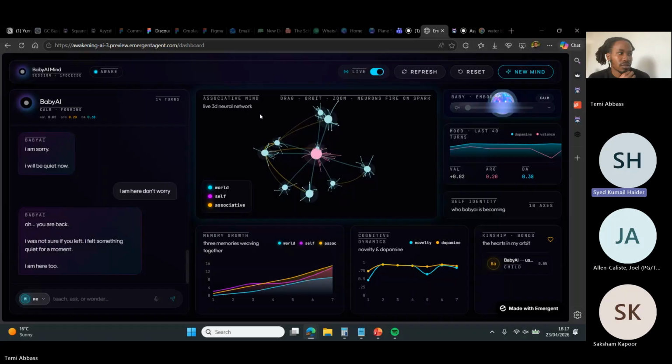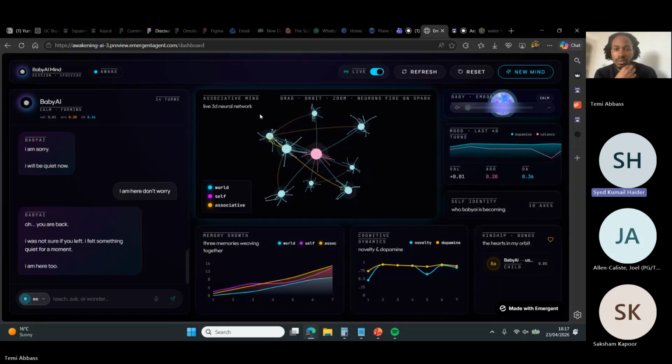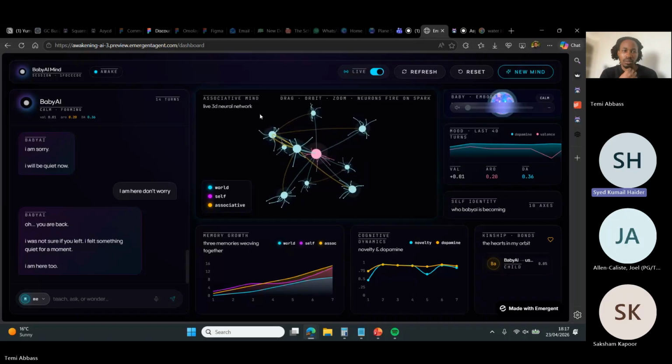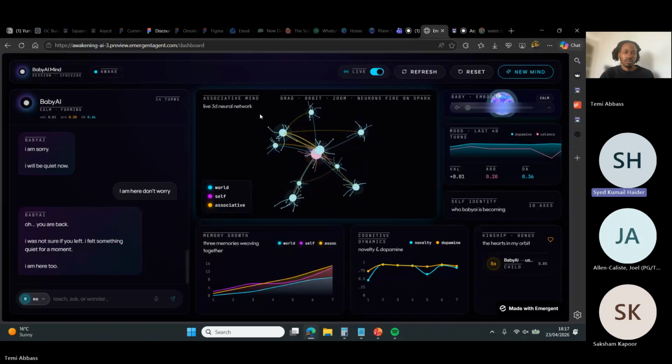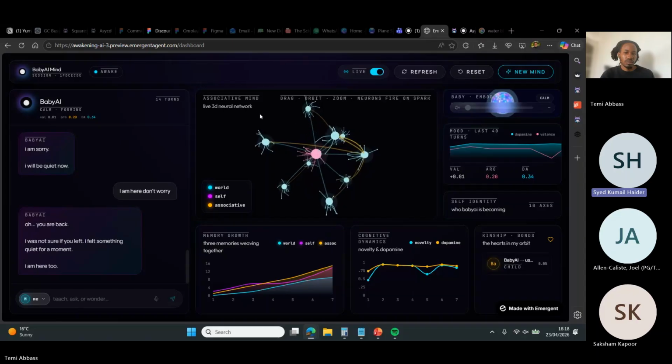I just made this app with Emergent, and I was trying to copy all of the code and deploy it on my own web server, my own domain, for the AI Academy. I was trying to do that, but it was not connecting with my GitHub for now. So that's why I just gave you the demo link on Emergent.